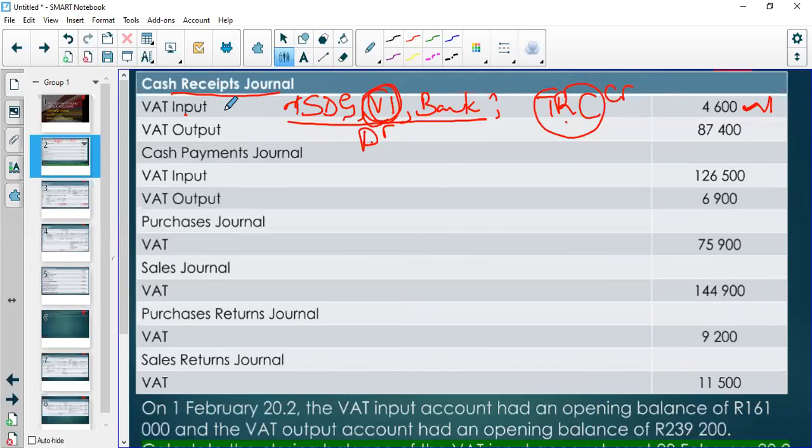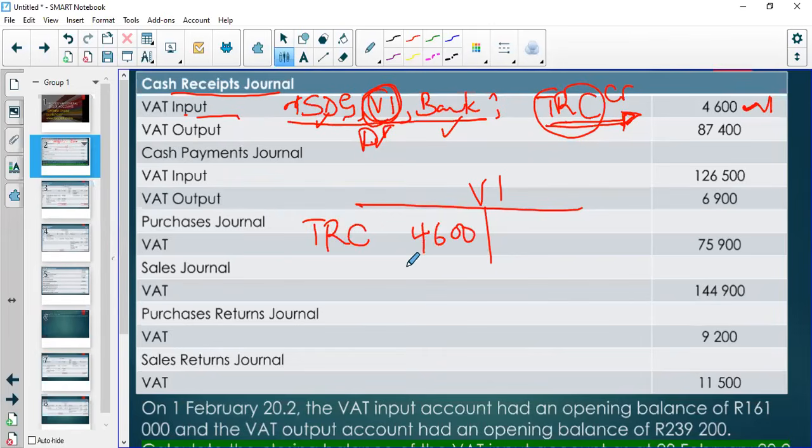So the description under this VAT input would be trade receivables control, because that's the account that was credited in the double entry. We debit this, we debit that, but then we have to credit the trade receivables control. So when you prepare your VAT input, you're going to have trade receivables control, and you're going to have 4,600, like that.